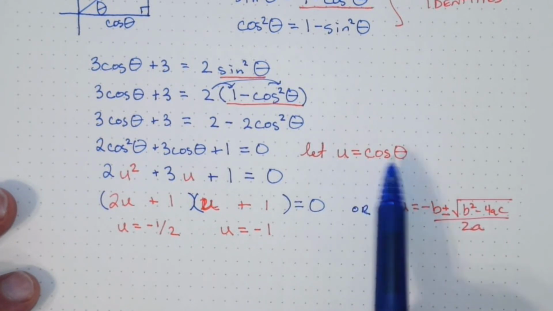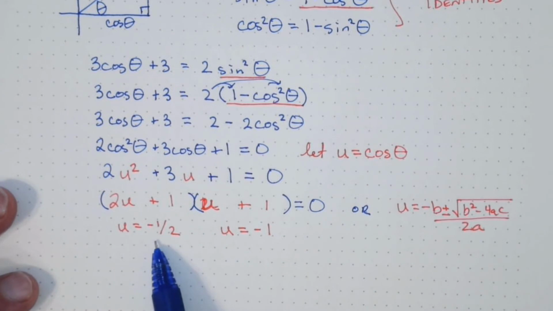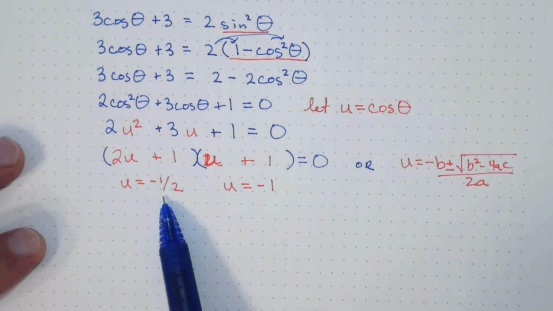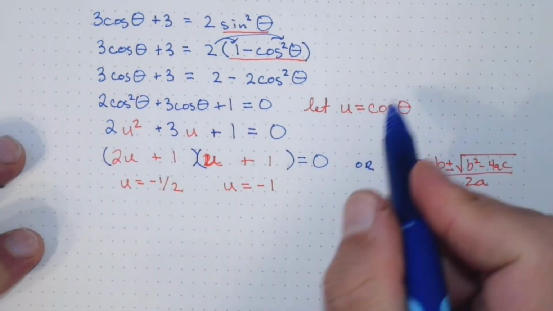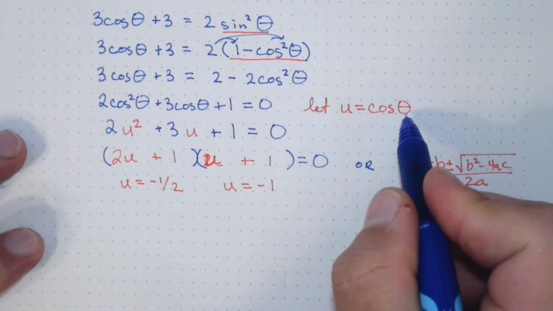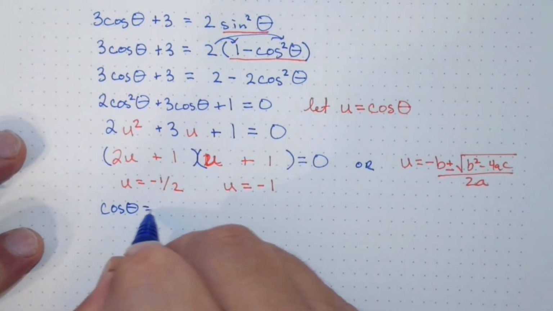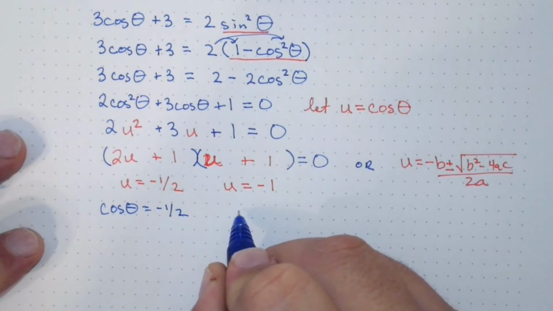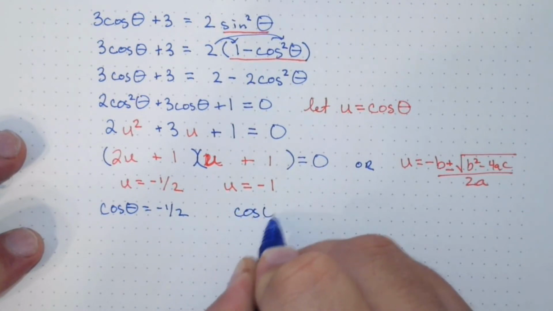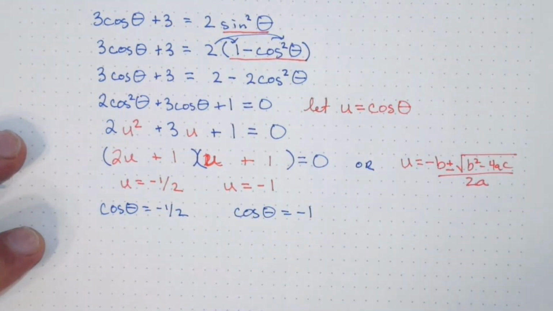We said u was cosine of theta. So now I need to go back and solve for my original variable. So I'm going to go ahead and go back and solve for my theta. So I can say the cosine of theta equals negative 1/2, right? Or the cosine of theta equals negative 1.